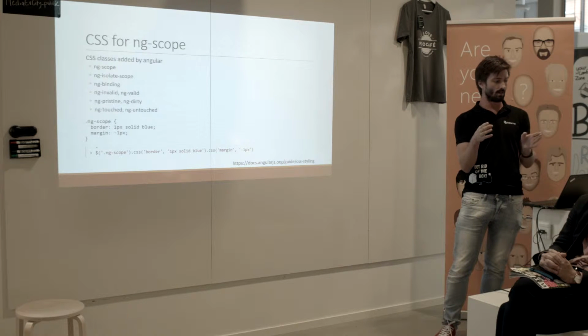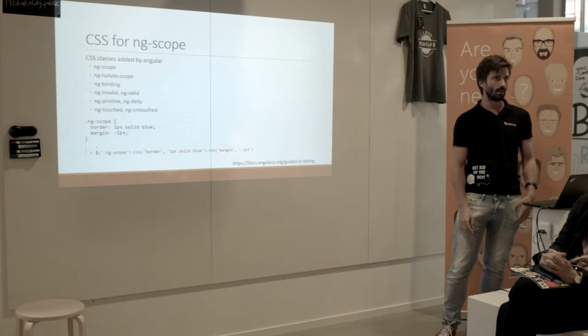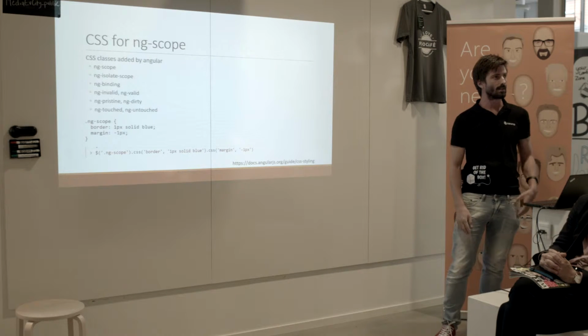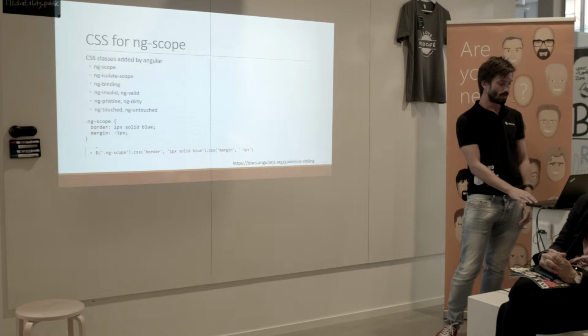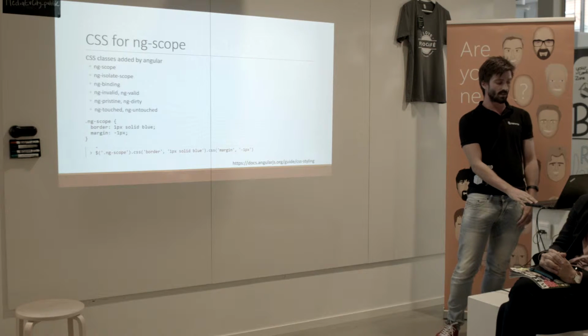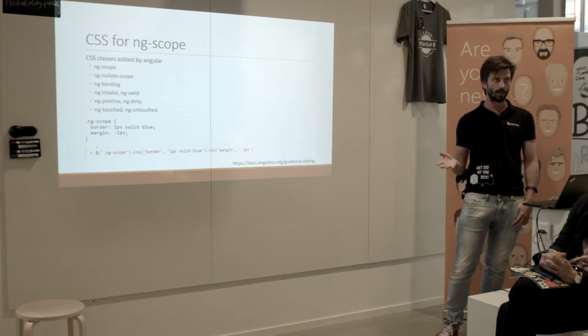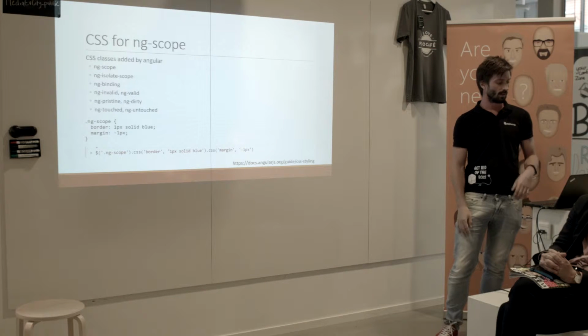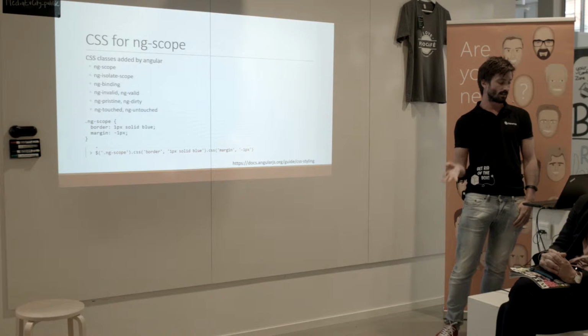So when you use ng-controller, for instance, or every time that a new scope is assigned to an element. The isolate scope is when you have a directive and the scope is sort of cut off from the parent. So this is also added by Angular in the class attribute.